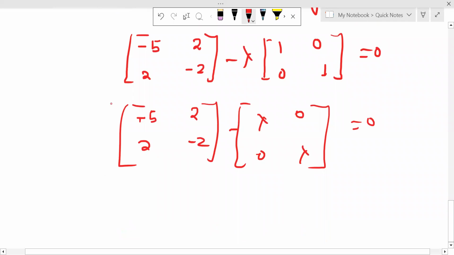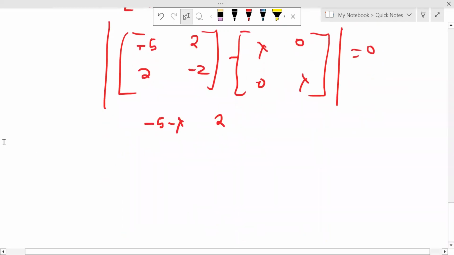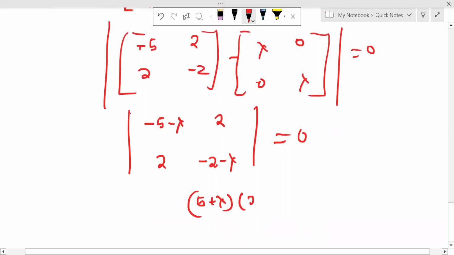Then evaluating the determinant: -5 minus lambda, 2, 2, -2 minus lambda, determinant equal to 0. Then we can evaluate the value of lambda: (5 plus lambda) into (2 plus lambda) minus 4 equal to 0.